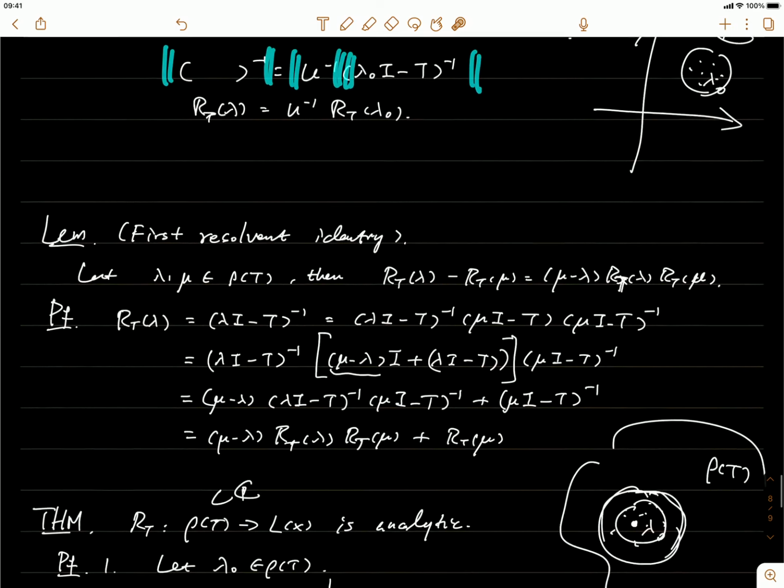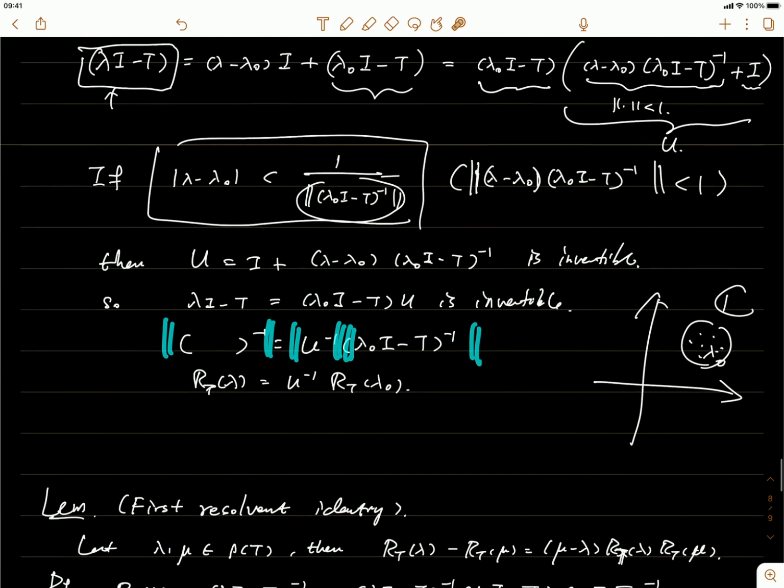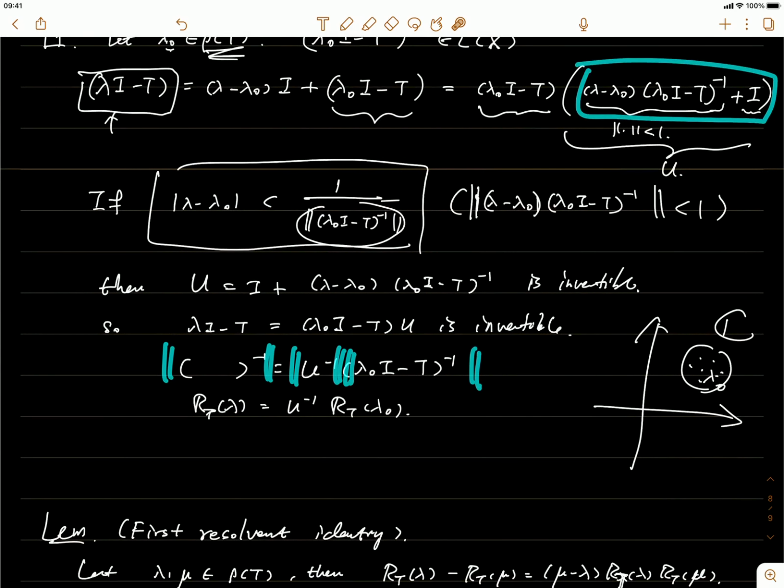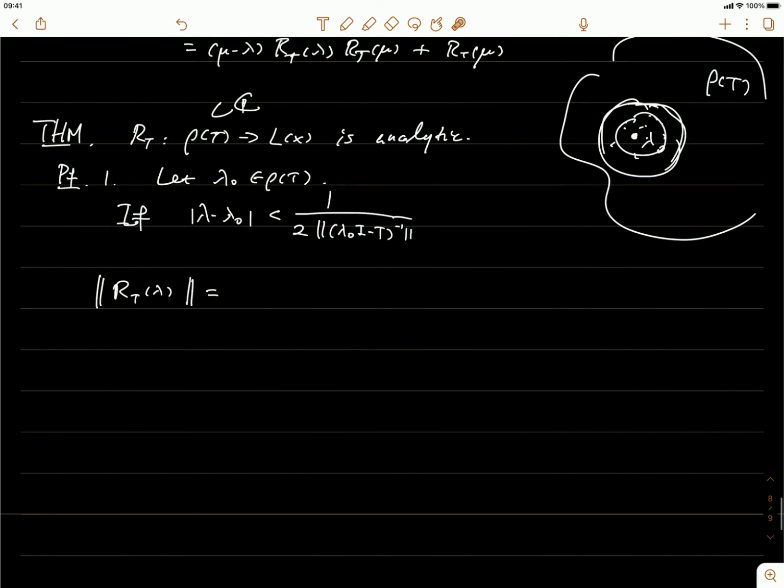Remember that u is this thing right here. So that's what I'm going to have. The resolvent is going to be bounded by the resolvent at lambda naught times the norm of u inverse. The u inverse is this: I plus (lambda minus lambda naught) times (lambda naught I minus T) inverse, this inverse.